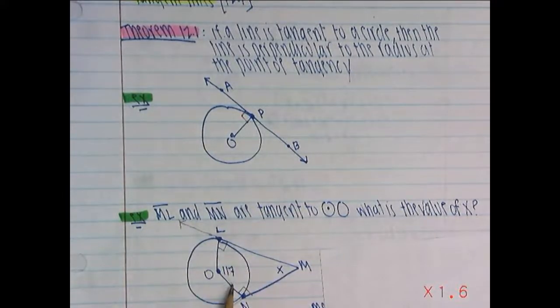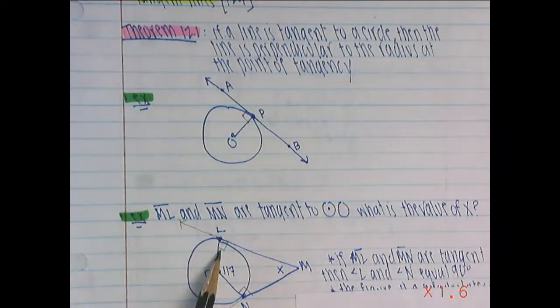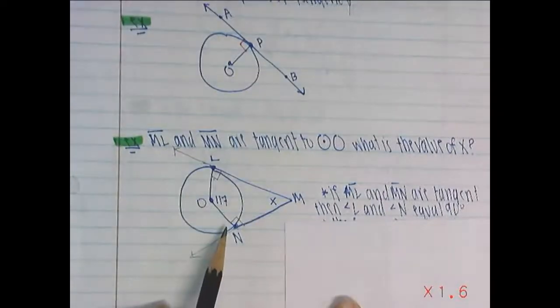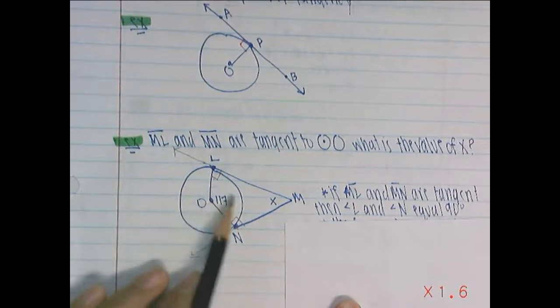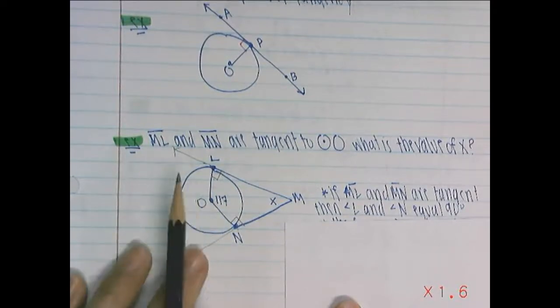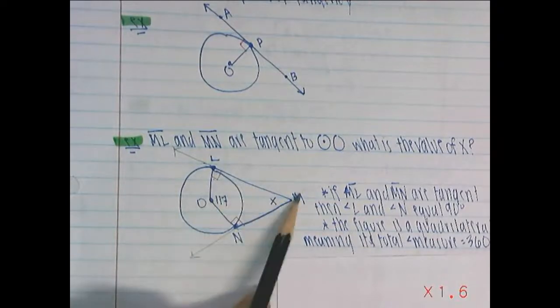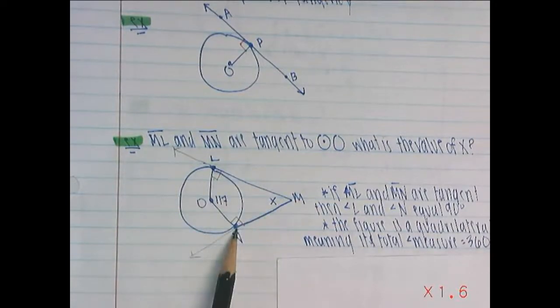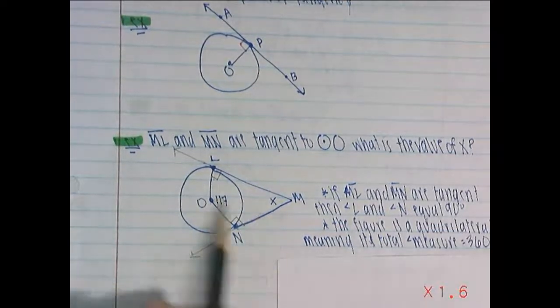Well, what you need to think of is that if ML and MN are tangent, then angle L and angle N both equal 90 degrees, okay? And then I know that this angle right here, angle LON or angle O, is 117 degrees. So then what you need to think of is, look, this has four sides, which means it has 360 degrees total.